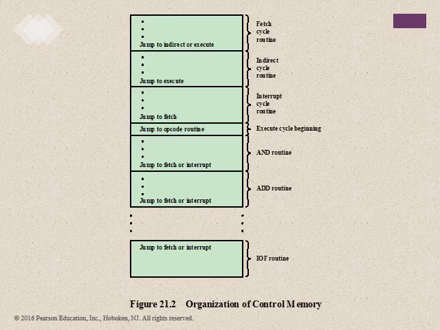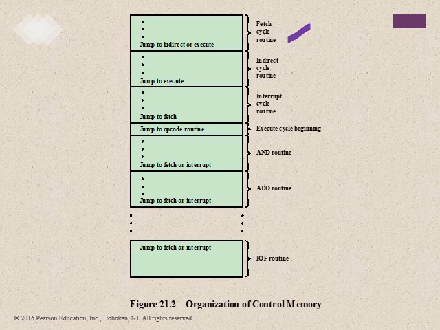For example, if we have a fetch cycle routine, inside it we have those micro operations, T1, T2, and we have to follow them step by step. You cannot jumble up, do micro op 3 first and then do micro op 1.